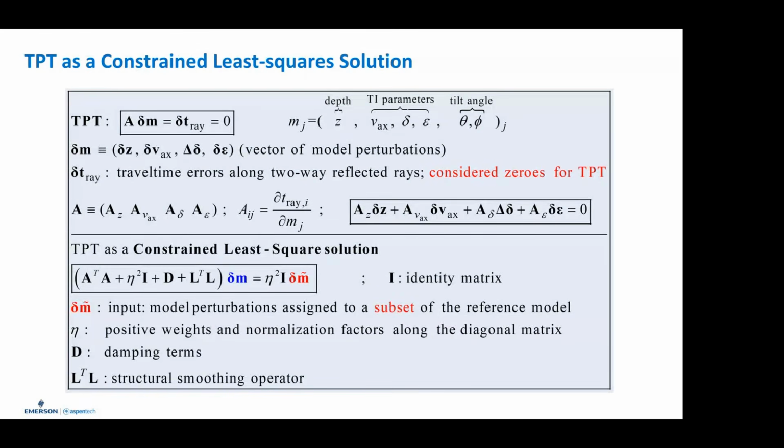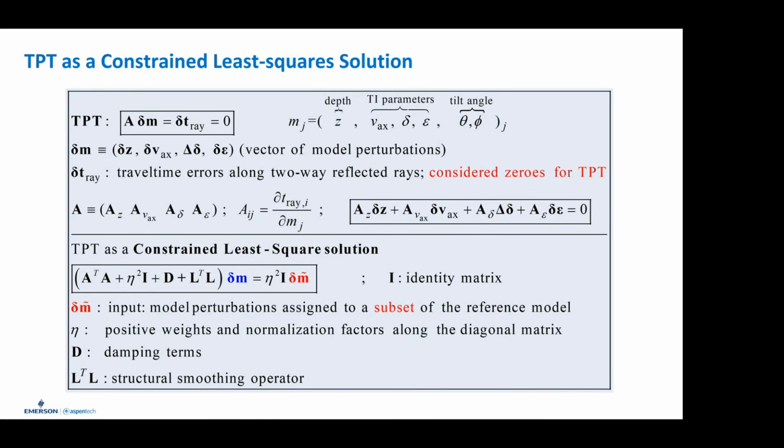And delta and epsilon of the Thomsen parameters, and also the tilt angle at every point, where the velocity actually becomes a vector that has its own direction. So the tilt angle is the direction of the symmetry axis of the TTI representation.